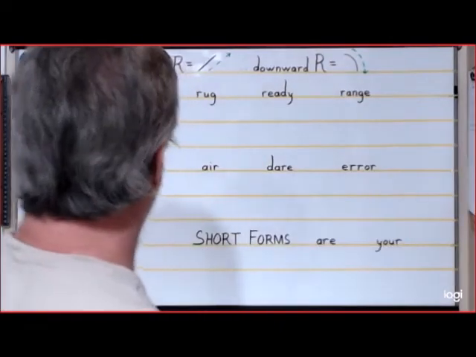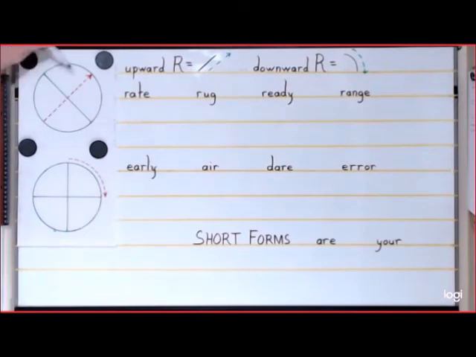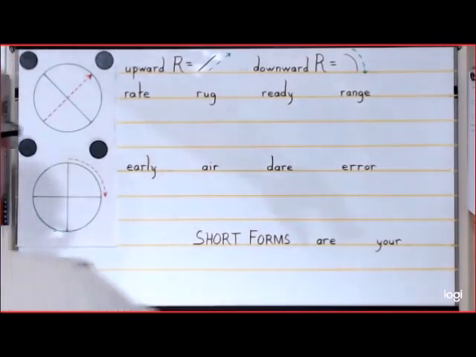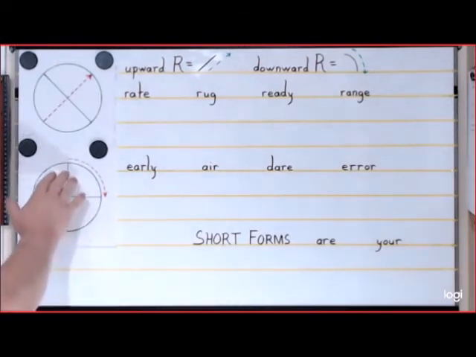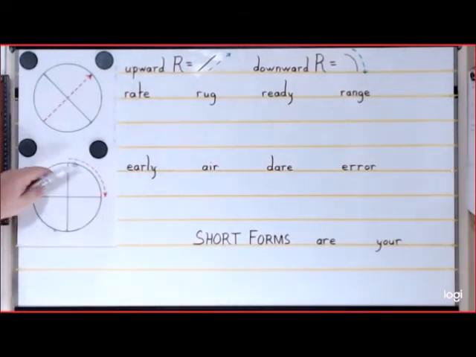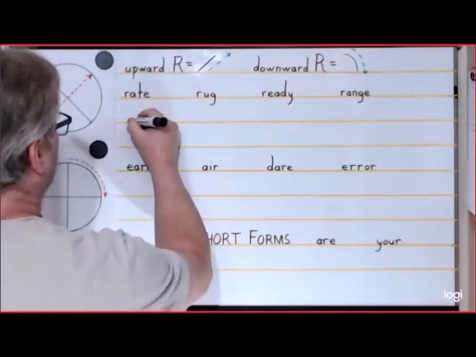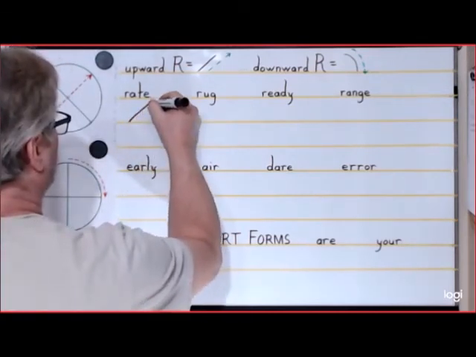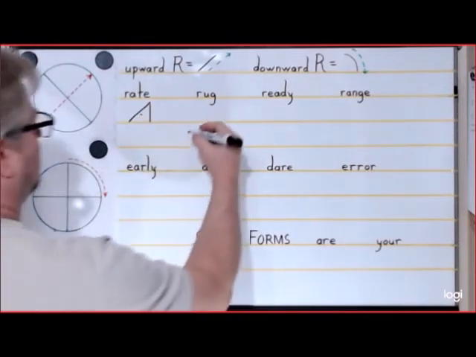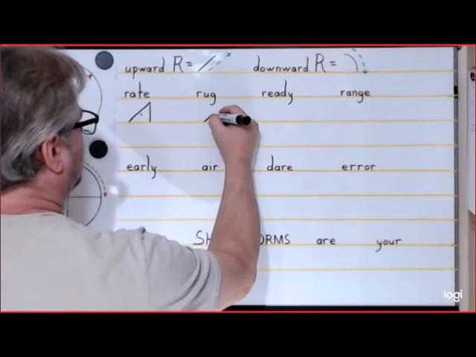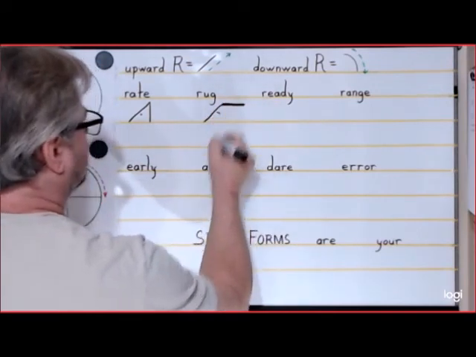The R is represented by an upward 45-degree angle or a downward curve that is on the upper right-hand side of the circle. So for the word rate, we'll write an R and a T and a heavy dot. For the word rug, it will be an R and a G and a light dash.